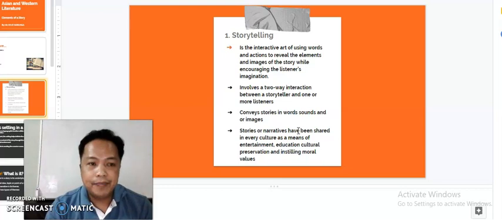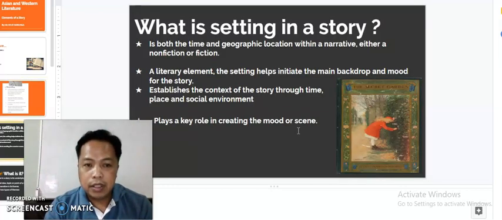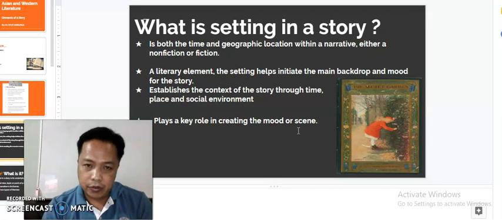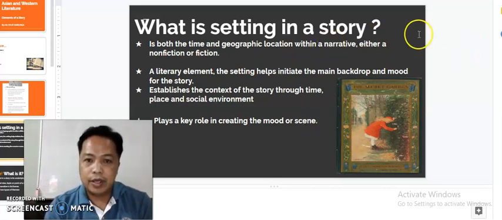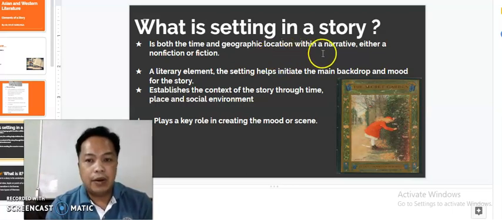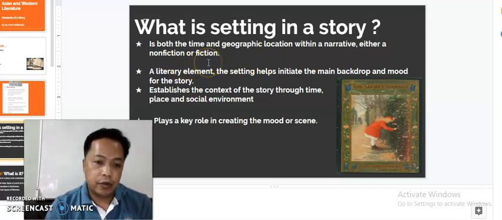So after that, we'll start discussing the setting. What is setting in a story? This is the question here. It is the time and geographic location, it means the place within a narrative, either a non-fiction or fiction story.